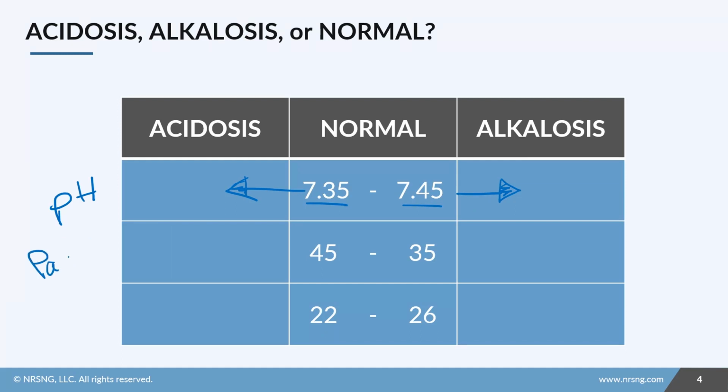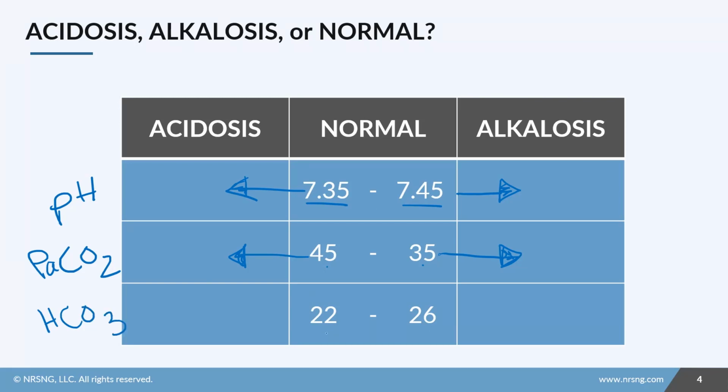For our PaCO2, remember, I always write these backwards. This is how I remember this. 35 to 45 is normal. Anything greater than 45 is acidosis, and less than 35 is alkalosis. Remember, CO2 equals acid. For our bicarb, or our HCO3, the normal value is 22 to 26.